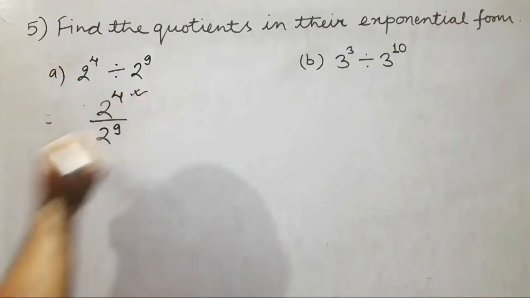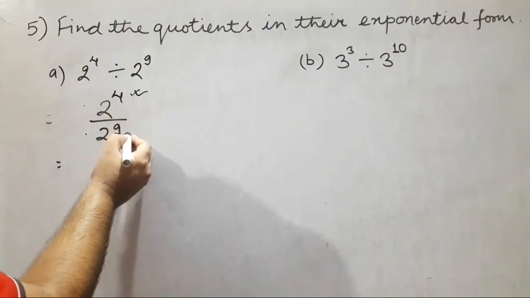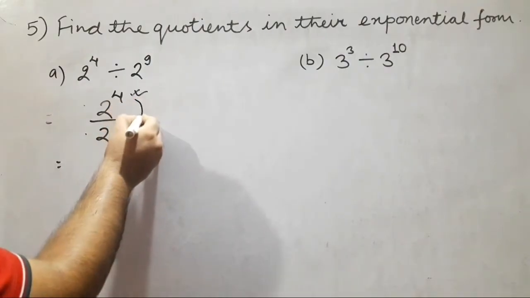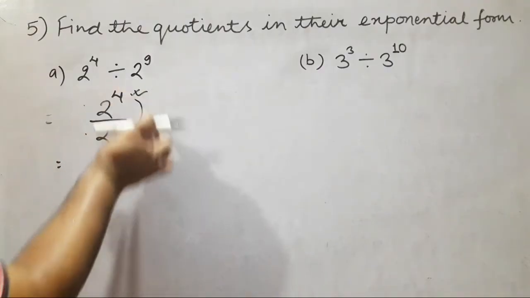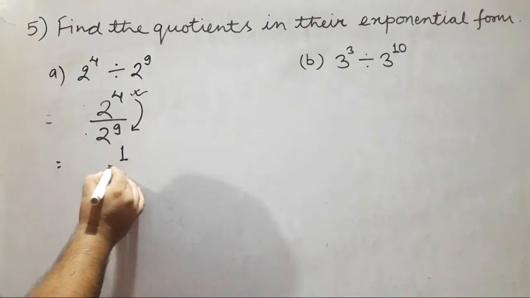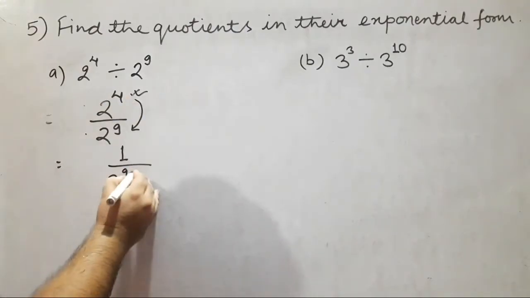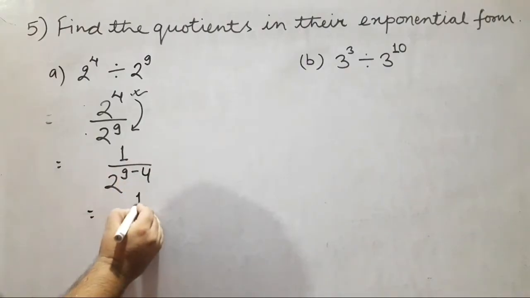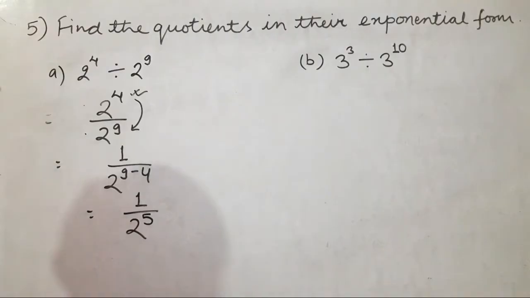Here 4 is smaller power, so now 4 will be subtracted from power 9. That is, this will go down and become subtracted from power 9. So when it will go down, in numerator there shall be 1 by 2 power 9 minus 4. So 1 by 2 power 9 minus 4, 5. So 1 by 2 power 5 is the answer.